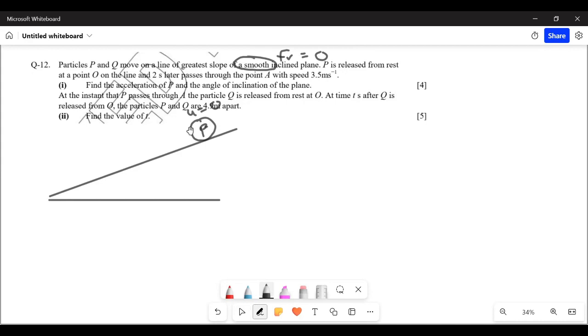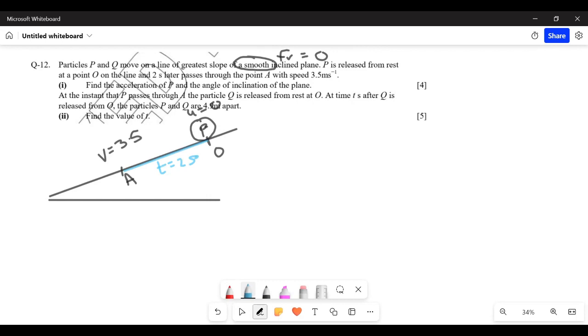At a point O on the line, so this is point O, and 2 seconds later passes the point A with the speed of 3.5. So here there's a point A where its speed becomes 3.5 and the time is 2 seconds. Time from here to here is 2 seconds.